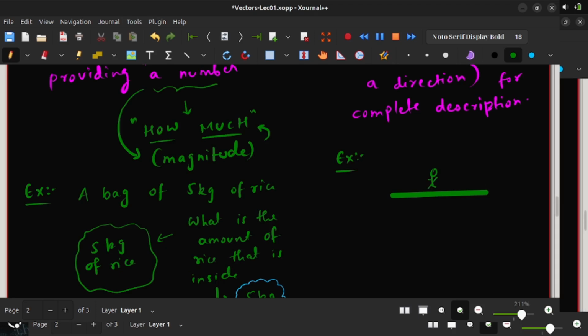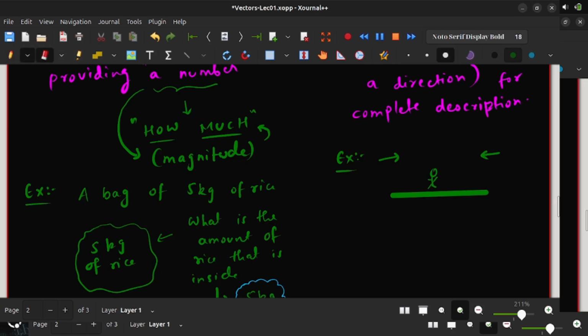Or maybe a train will come, but you're not sure if the train will come from this direction or from this direction. And you're not even sure if it is coming at 50 kilometer per hour or maybe 100 kilometer per hour. You don't know this number.